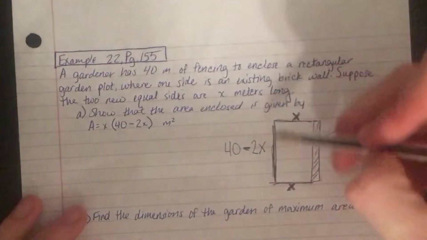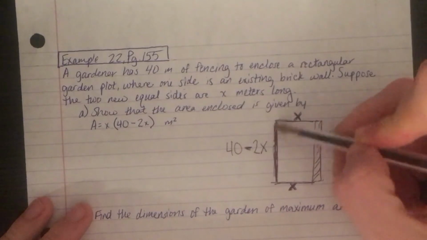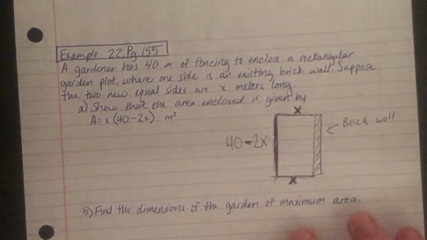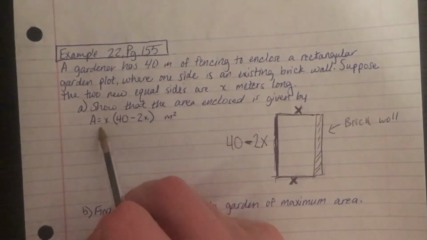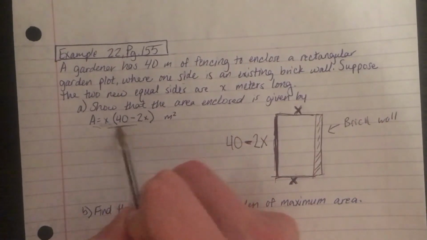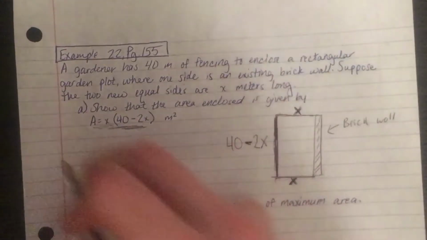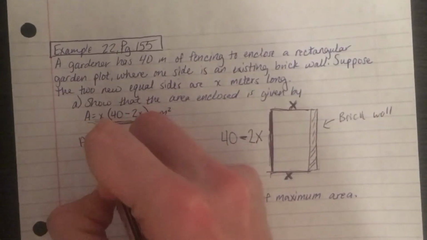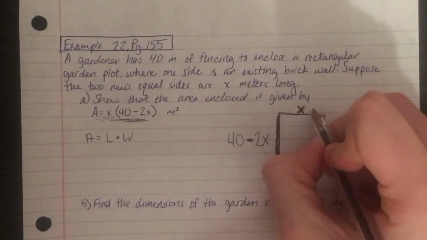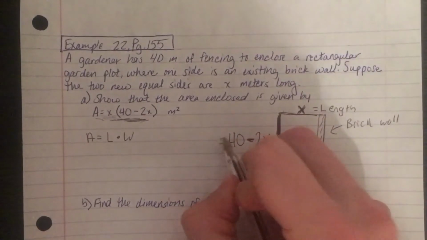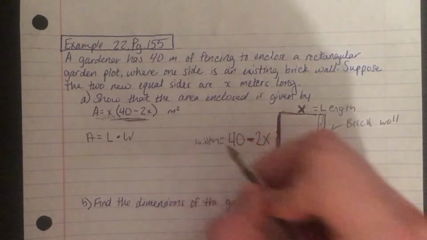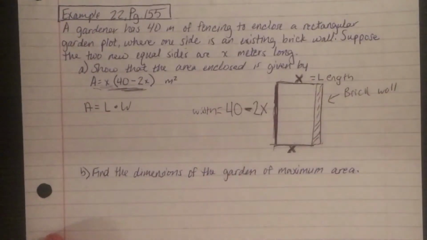That's going to be the length of this width part right here. Now, to calculate the area, we're going to show that this is actually the formula for the area. To get the area of a rectangle, you just do the length times the width. In this case, x is our length, 40 minus 2x is our width. So that's going to check out.